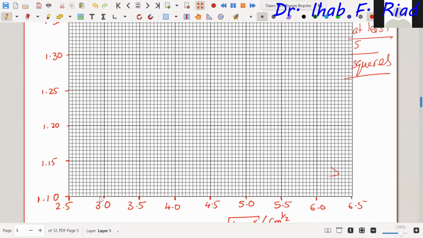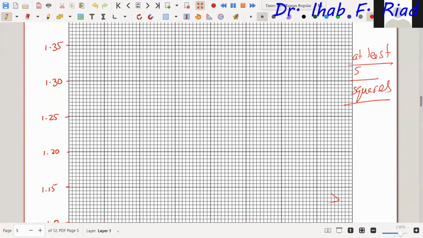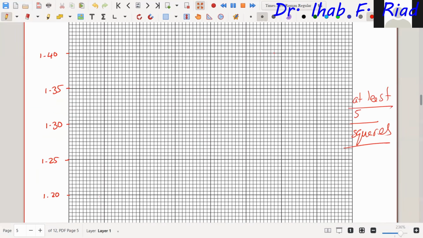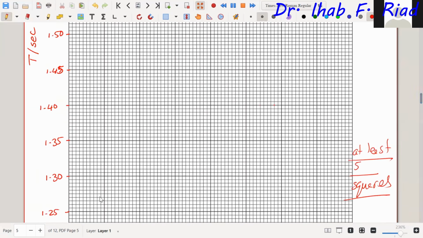Yes. Okay. So we almost have how many squares? 1, 2, 3, 4, 5, 6, 7, almost 9 squares we are going to use.